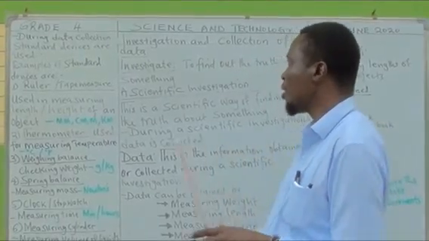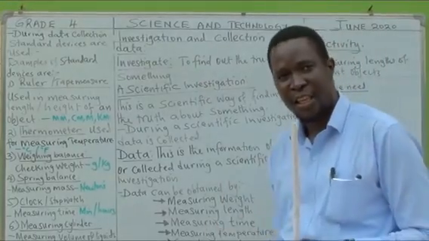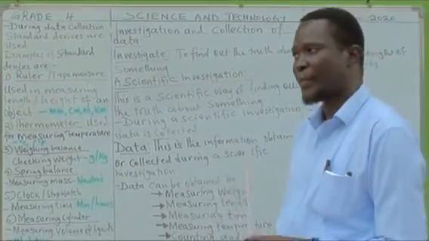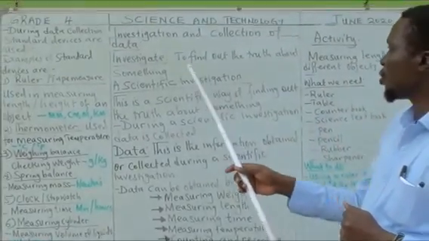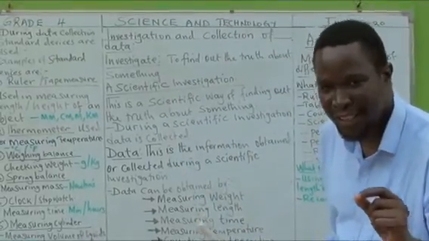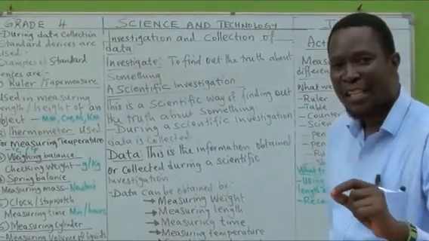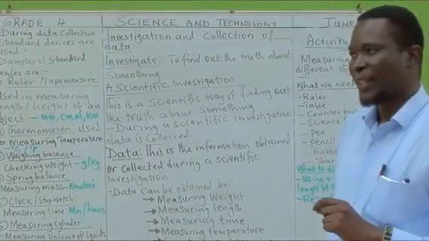Today, we are talking about investigation and collection of data. Now, first, boys and girls, we need to understand what is meant by the word to investigate. To investigate means to find out the truth about something, right?